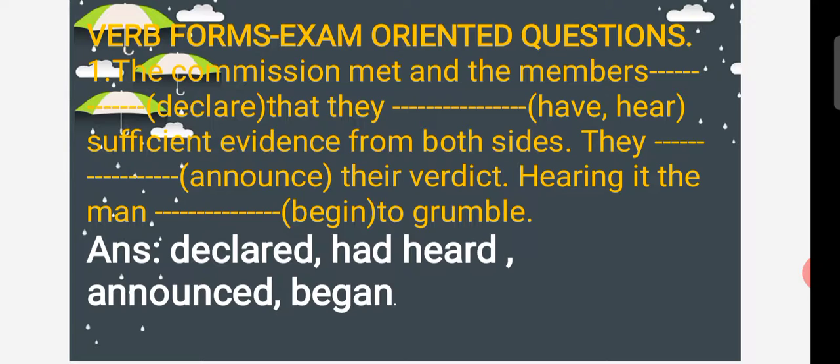Hearing it, the man begin to grumble. Past tense of begin is began. So the answer is: the commission met and the members declared that they had heard sufficient evidence from both sides. They announced their verdict. Hearing it, the man began to grumble.